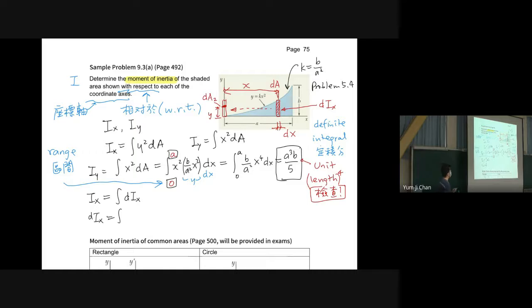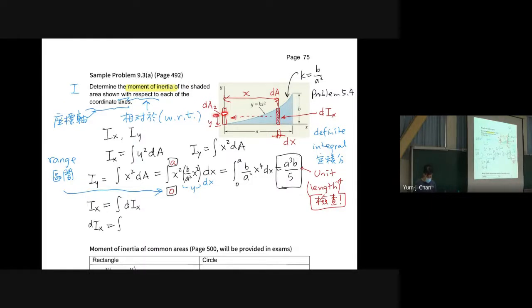It's okay. We are calculating the moment of inertia of one slice here, because Ix is equal to the integral of y squared dA. So we take one slice with distance y to the x-axis, and then we do the integration for this one, this one, this one, to get the moment of inertia of this slice.